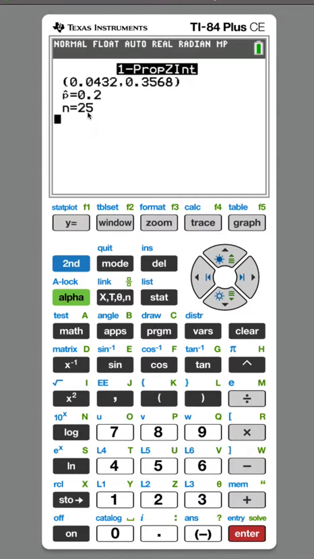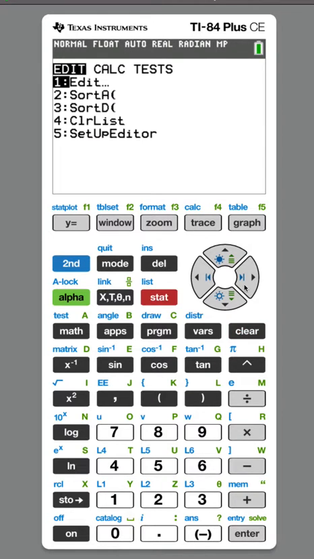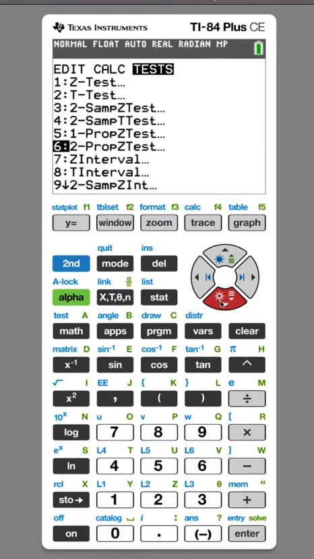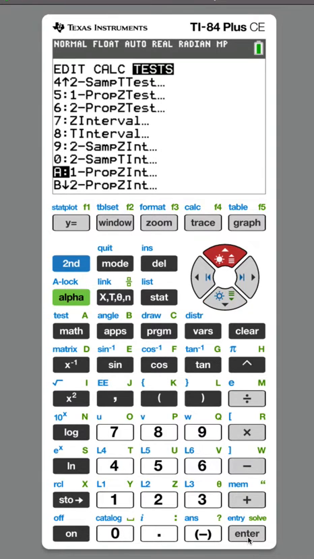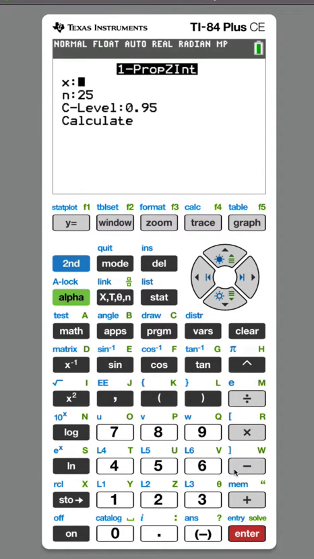The only thing that I want to remind you of is, and I'm going to go back to stat and back to tests and back to 1-PropZInt, that sometimes the problem gives you the sample proportion instead of the actual number of successes.